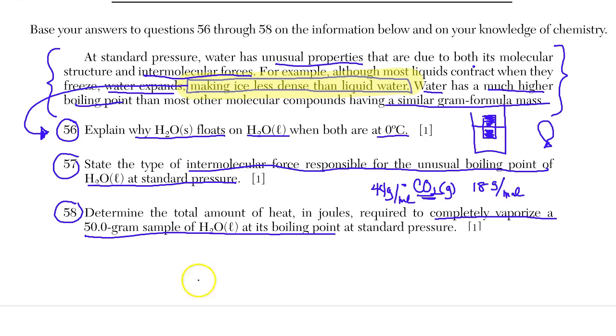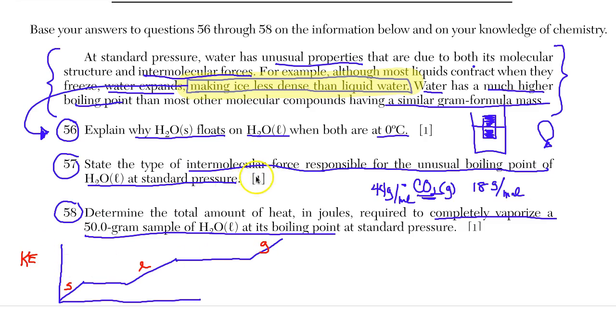Now, what I would teach my students is that when we have this heating curve that you've learned, this being the solid, this being the phase change, this is the liquid, this is the liquid becoming a gas, and all gas. This is kinetic energy. Now, they want to know the heat. That's the whole point of this question. They want to calculate the amount of heat in joules.